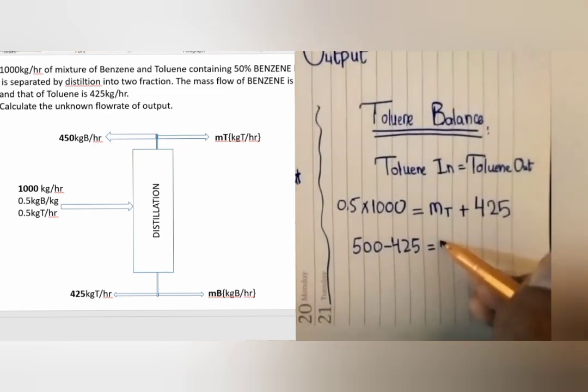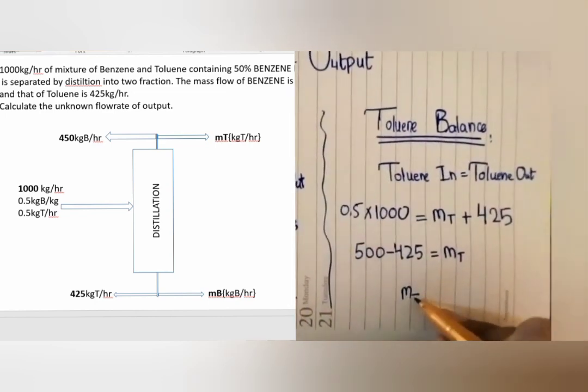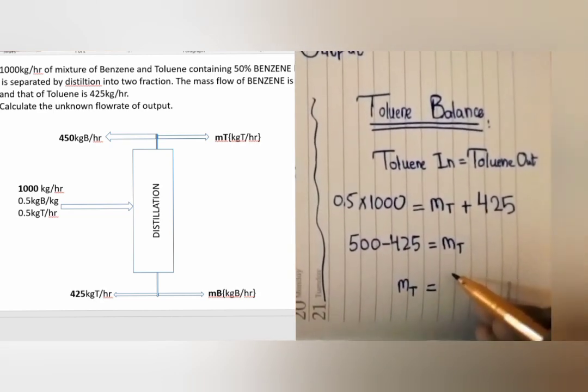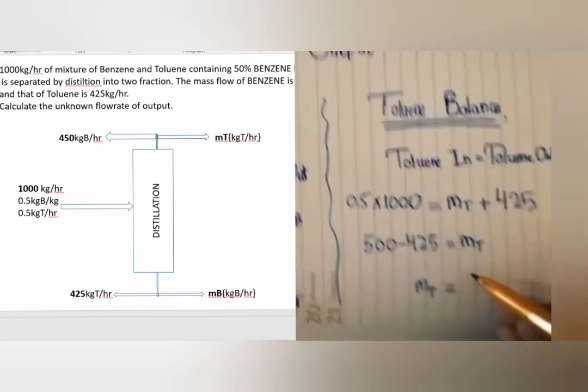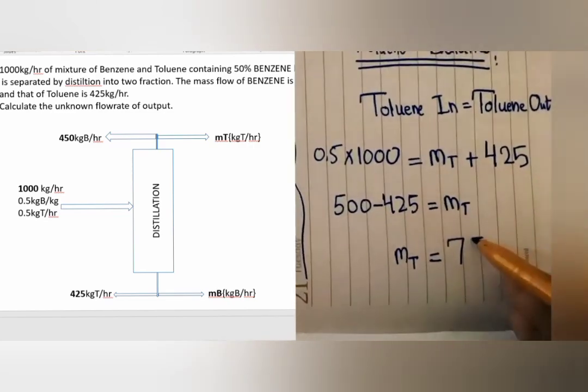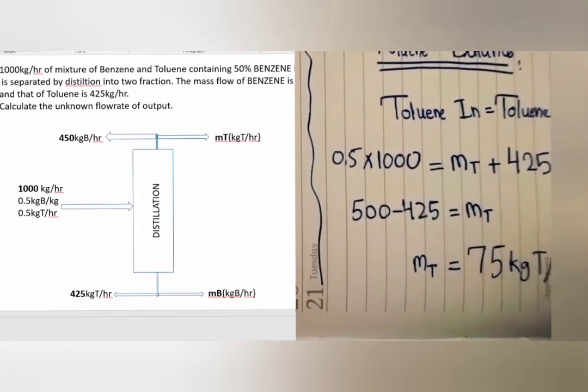We have to calculate the MT value. Just subtract 4 to 5 from 500. What will we get? If you estimated 75, you are right. So the second unknown variable is also calculated now.